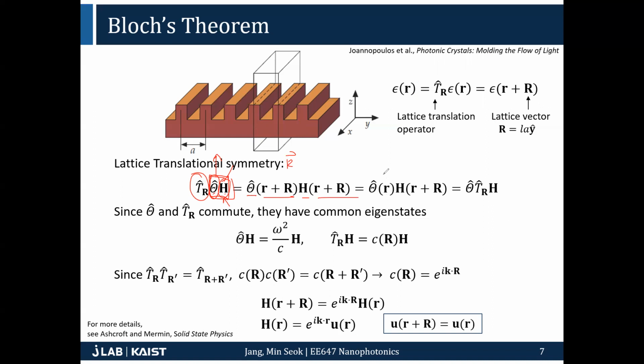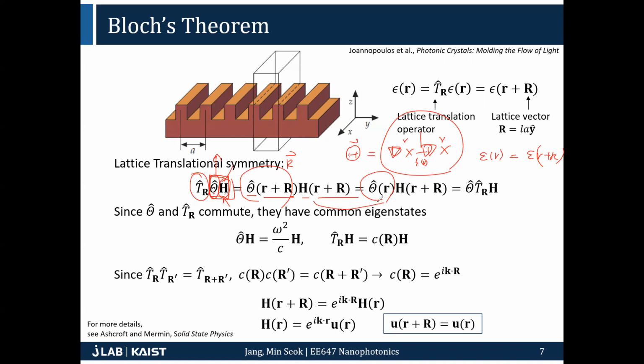Because we know that Theta is simply the curl of this one over epsilon(r), this is our Theta as we learned before. And we know that epsilon(r) is epsilon(r + R), and this curl only applies to small r. So Theta at r and Theta at r + R are identical.